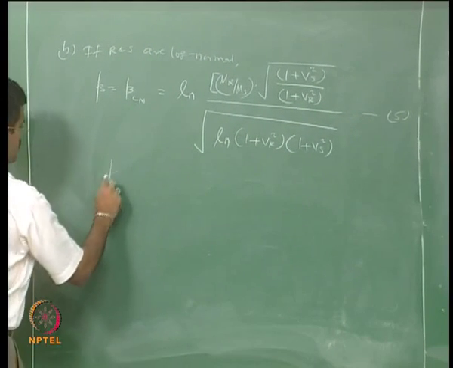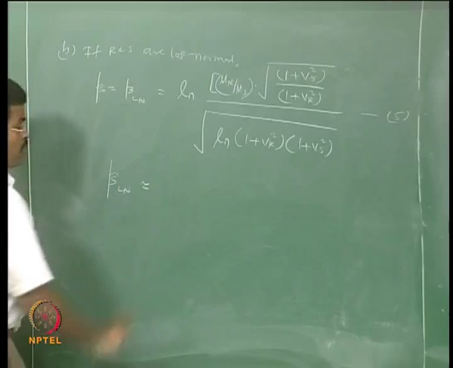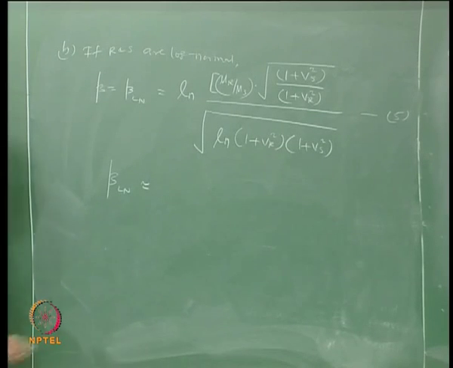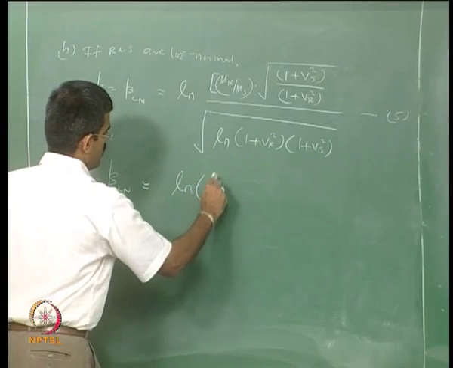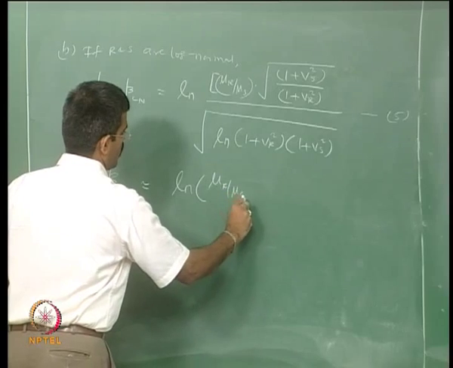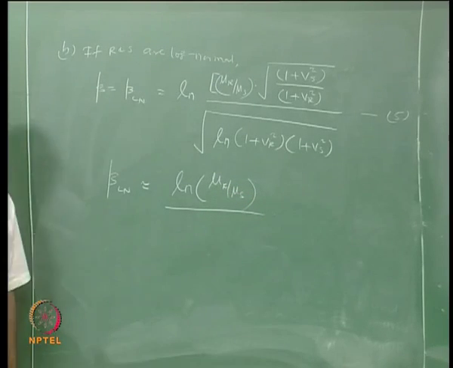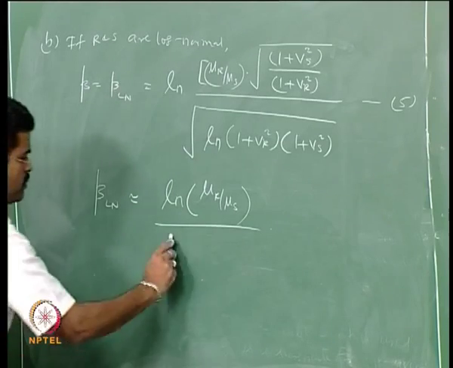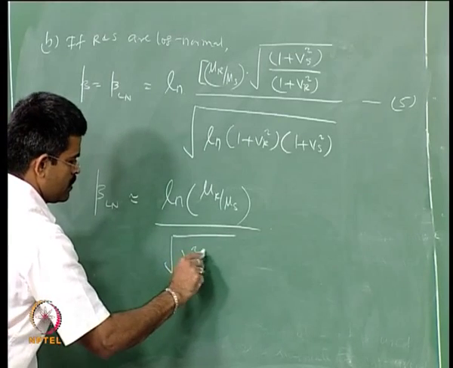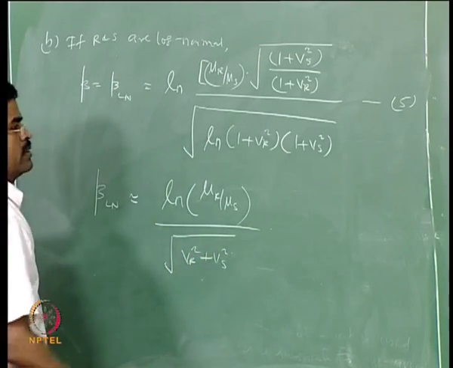Beta ln can also be approximately given as ln of mu r by mu s by root of variance squares.